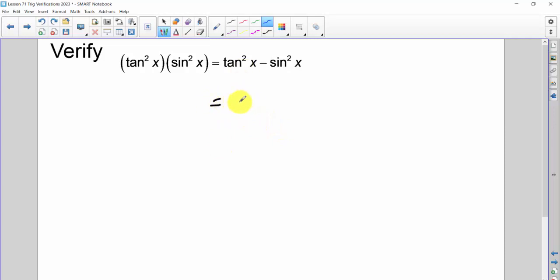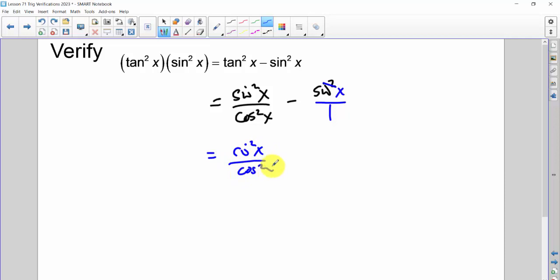So tangent is equal to sine squared over cosine squared minus sine squared over 1. So now I need a common denominator. So I have sine squared over cosine squared. I'll multiply this by cosine squared over cosine squared. So that gives me sine squared cosine squared over cosine squared.